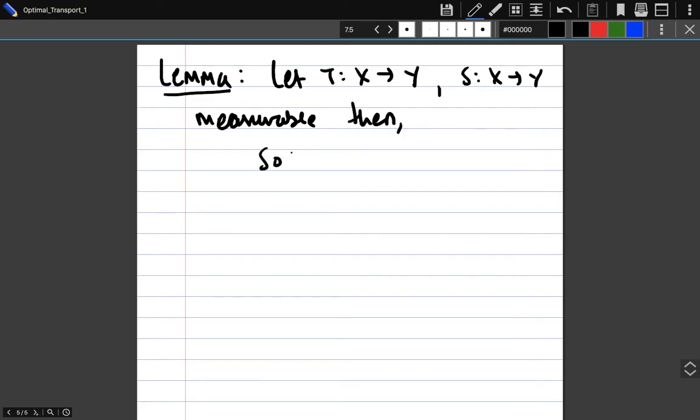Then if you're composing S with T and you take the push forward measure with respect to mu, then this is the same as using S and taking the push forward measure with respect to the push forward measure of T with respect to mu. So it looks kind of complicated, but it's just playing with the simple idea of compositions and push forward measure. And we will just quickly prove this so that there's no mystery around this funny looking result.